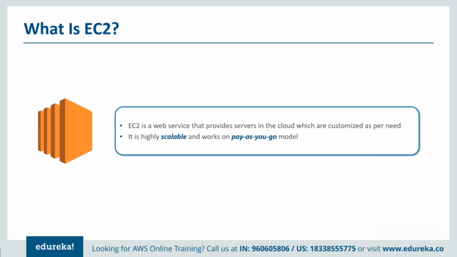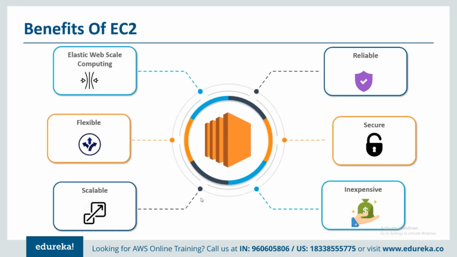Whereas with cloud services, especially EC2, it works on a monthly billing cycle. So we don't have to pay any upfront cost or any fixed cost every month. We pay only for the resources we have used and the duration for which we have used them. That's the main advantage we get as a part of EC2 deployment.